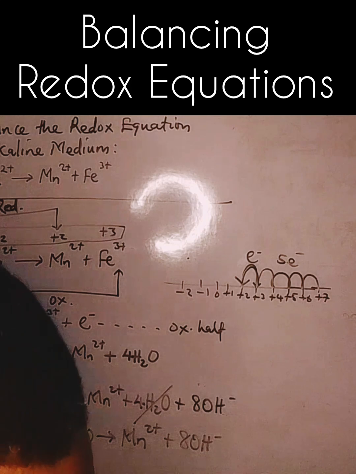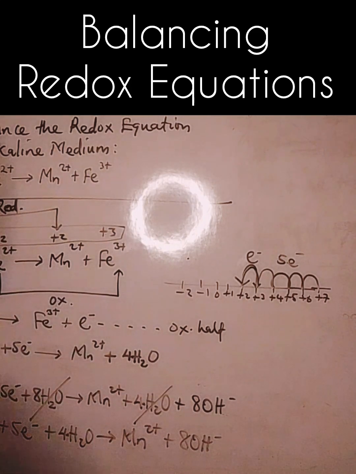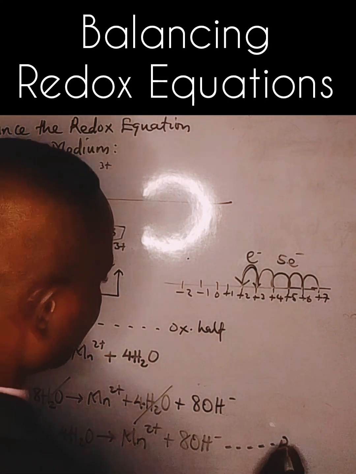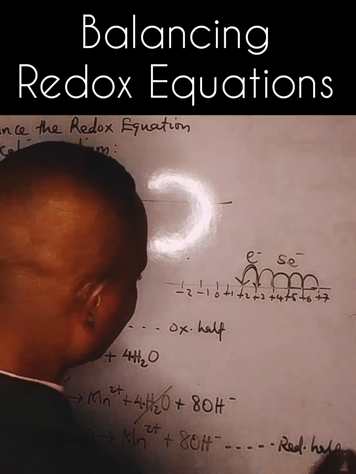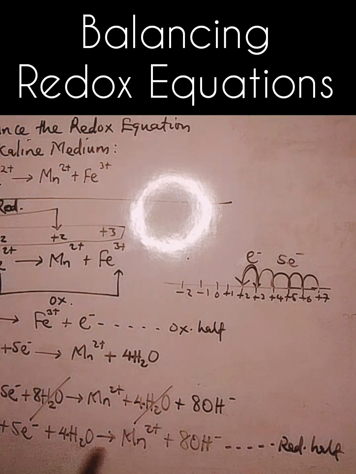We have finally balanced this reduction half. Manganese 1 and 1. Oxygen 4 plus 4, 8 and 8 here. Hydrogen 4 times 2, 8 and 8 here. The charges are minus 1, minus 5, which is minus 6, plus 2, minus 8, which is minus 6. Balanced.